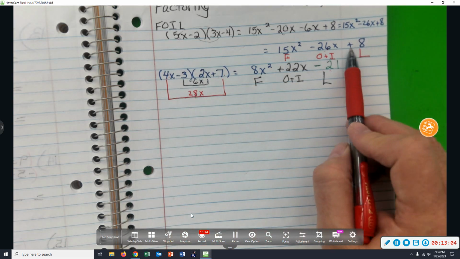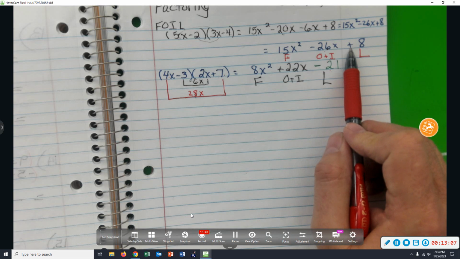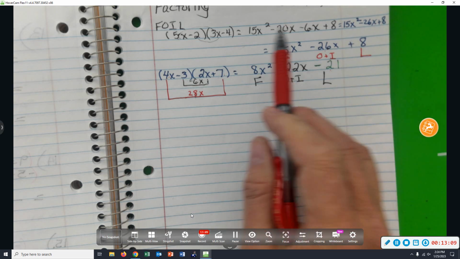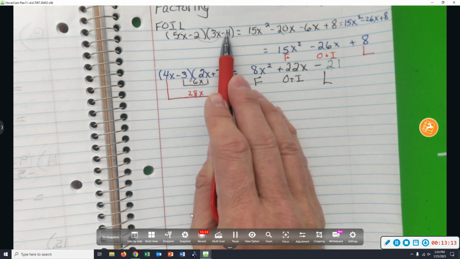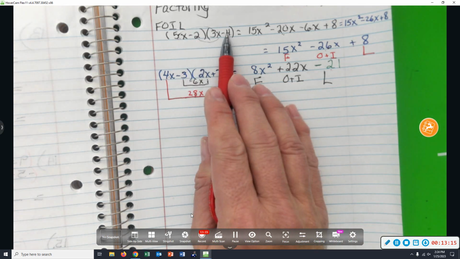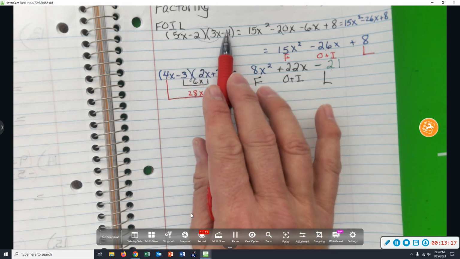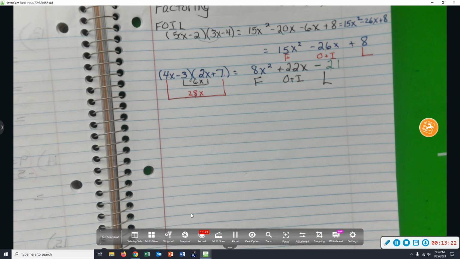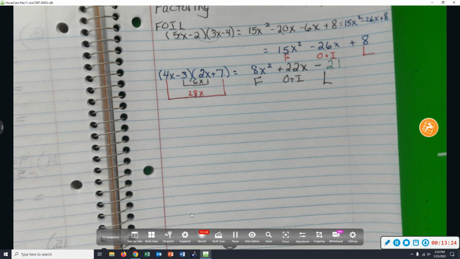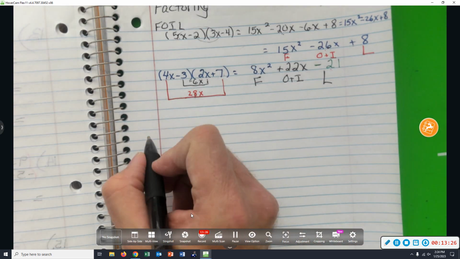Over here, this last term was a positive 8. So we needed either plus times plus or minus times minus. There couldn't be one plus and one minus in here because we would be getting a negative 8, not a positive 8. I'm going to make a table.